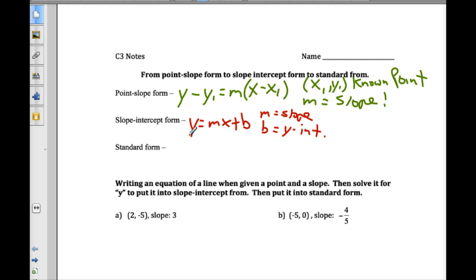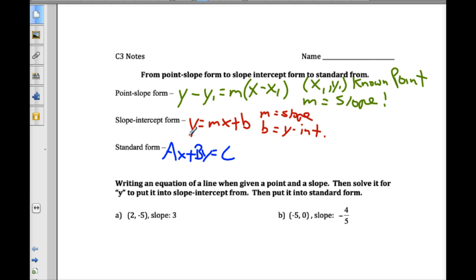Natalia, what's standard form? Ax plus By equals C. This is probably the toughest one, guys, to know all the important information about. Natalia, what do you know about A, B, C? A and B are the coefficients, which are numbers. What do they have to be, guys?